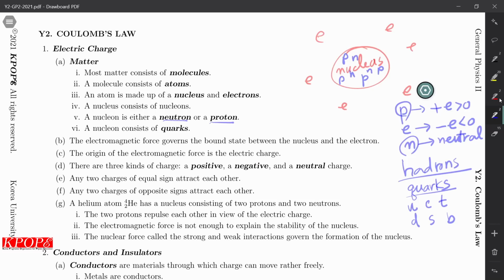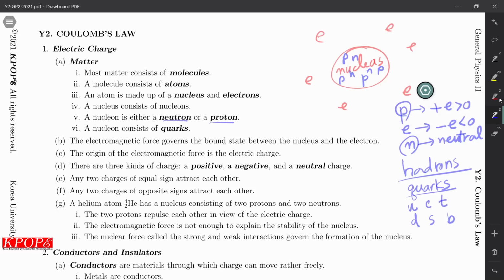Electromagnetic force governs the bound state between the nucleus and the electron. If there are 2 electric charges, then they exert the electromagnetic force on each other.